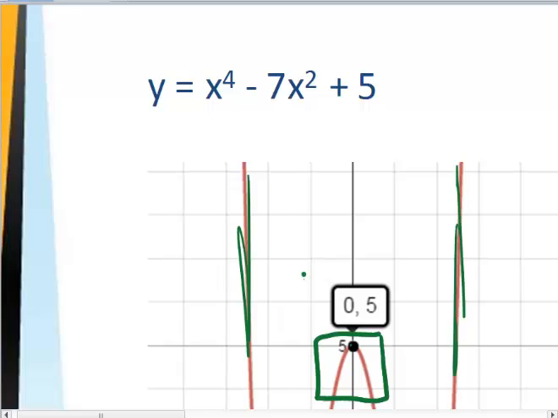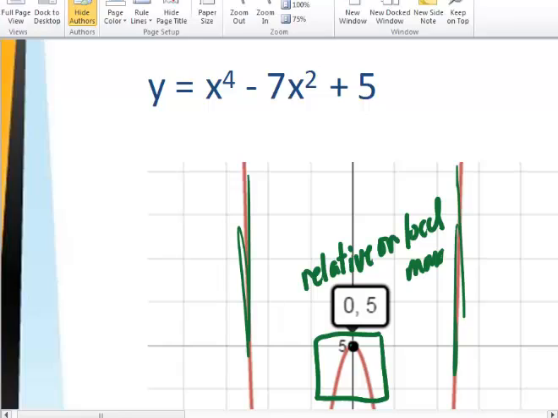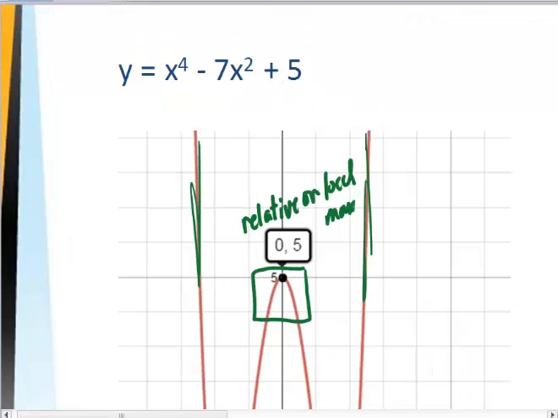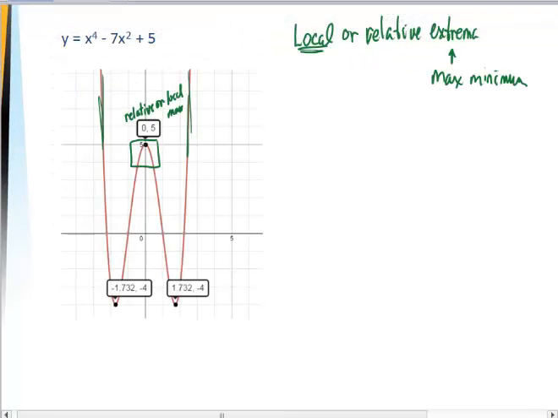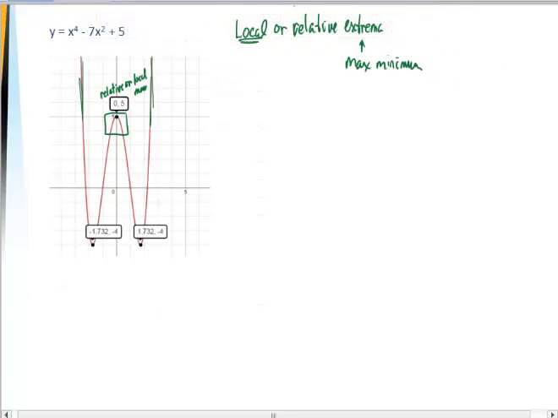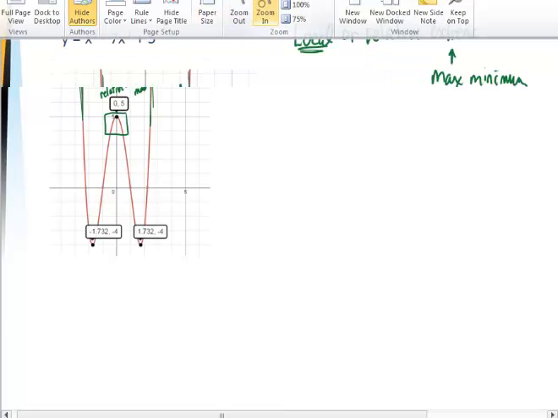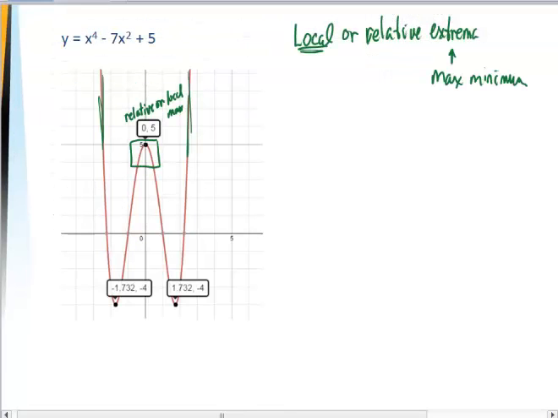So this would be called a relative or local max. But when we zoom out, it can't be an absolute maximum, because you can see on this side and this side that the function clearly gets larger than the relative max, but we can still describe a relative max in a local sense.